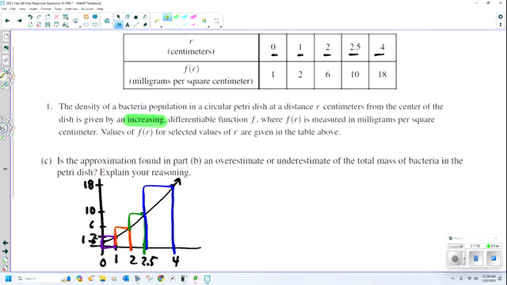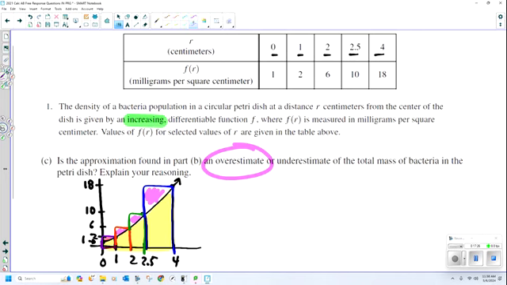I only want this area under the curve in yellow. That's what I'm trying to estimate. Look at all of this space here that's extra, that's in our calculation, that we don't need, that's actually not under the curve. So our estimate is going to be more than what's actually under the curve, so we have an overestimate. So we got to state that and explain our reason.